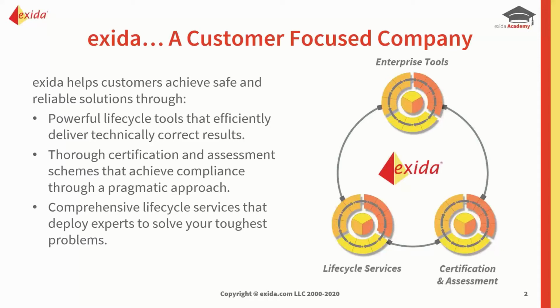Coupled with that, we also provide full lifecycle support services for the three primary elements of process safety, which of course is functional safety, alarm management, and cybersecurity, because all three are very tightly coupled when it comes to overall process safety. Of course, if we have failures on demand of our safety instrumented systems, that can be catastrophic.